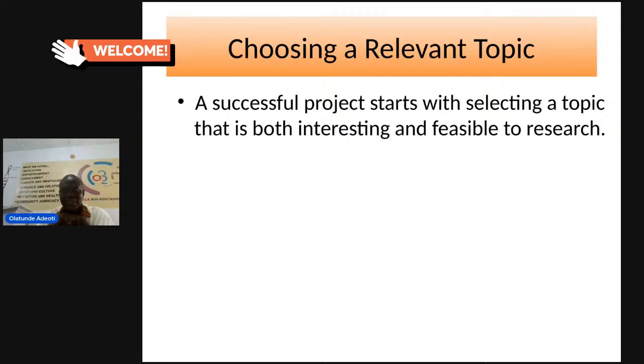Apart from that, you should also consider, is this project practicable? Is it feasible? Can you do it? Then you also need to consider the time. So, for example, no matter how interesting a project will be, if it is going to take more than 1, 2, 3 years before you finish that project, since it is not a PhD work, I don't think you should need to do it first.